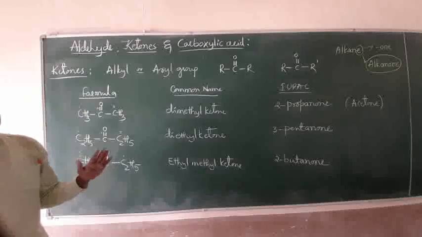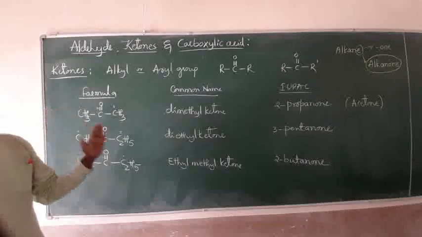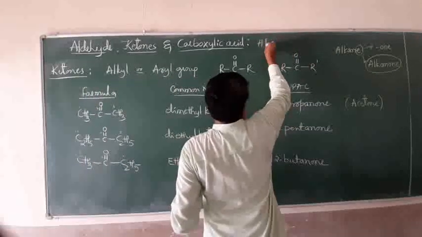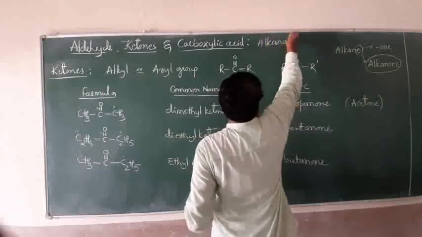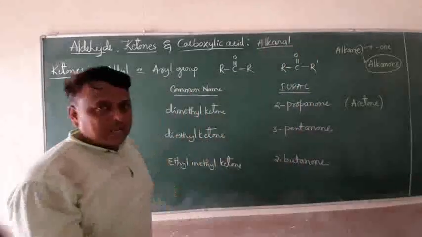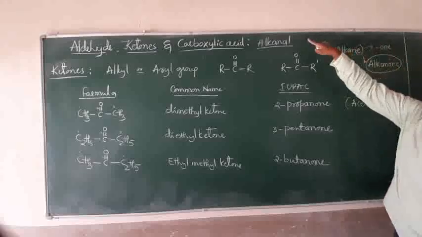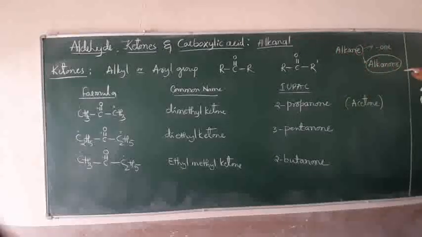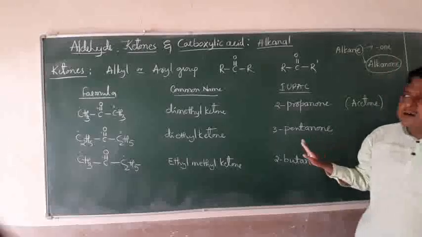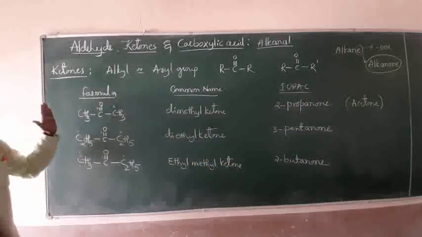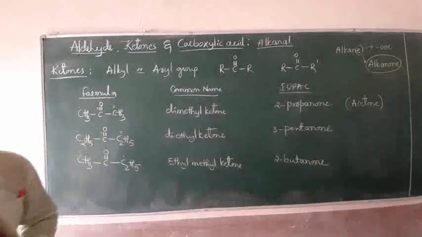Friends, keep in mind the final part: the IUPAC nomenclature of aldehyde is alkanal, but in ketone, it is alkanone. Practice this. It is very important for your syllabus. Today I wind up here, and in the next video we move on to the methods for preparation. Thank you.